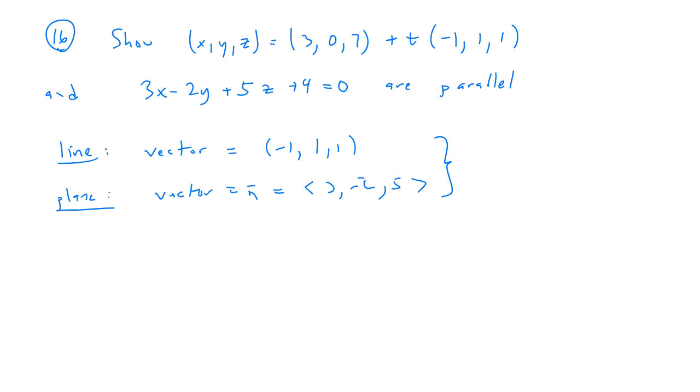For the two things to be parallel, the vectors need to be orthogonal, whichever word you want to use. So the question is the line and the plane parallel is the same as are these two vectors orthogonal, which means we can look at the dot product to see if it works.